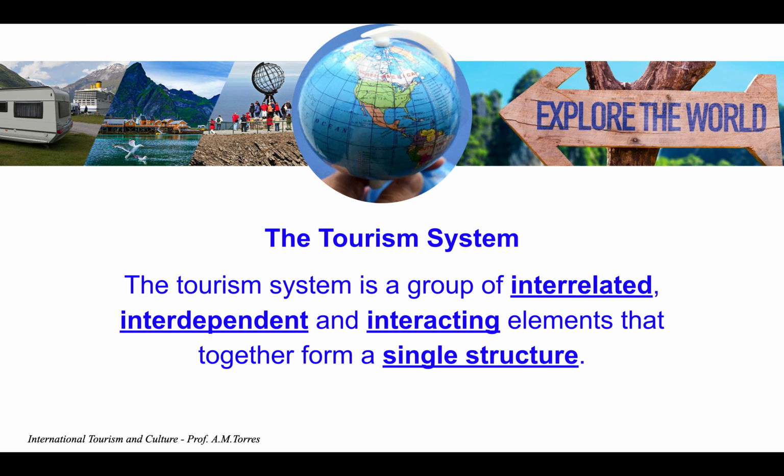Now, interdependent means, of course, from the word dependent, they rely on each other. And so I would like to give an example of the different businesses that are actually dependent on each other. Like, for example, imagine that you are going to a destination.